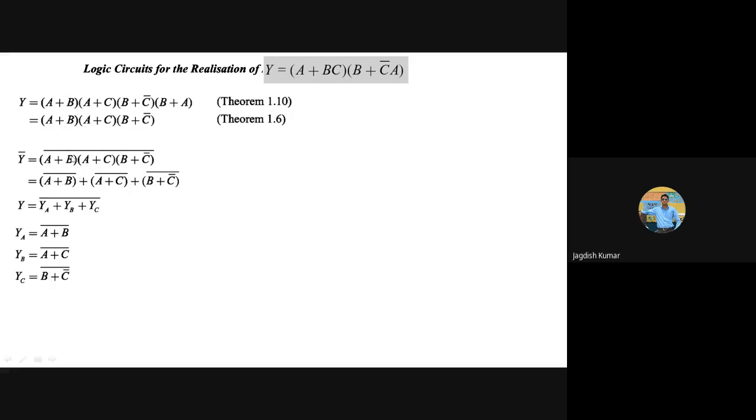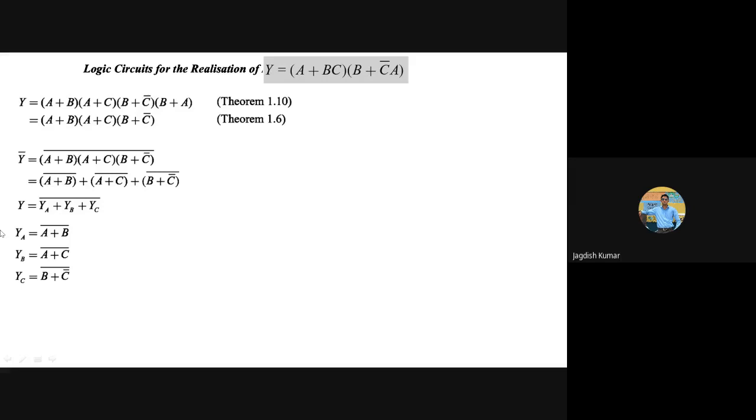De Morgan's theorem says y1 and y2 and y3 whole bar will be y1 bar or y2 bar or y3 bar. So it is an OR operation. Ultimately we need y, not y complement, so we complemented it again.